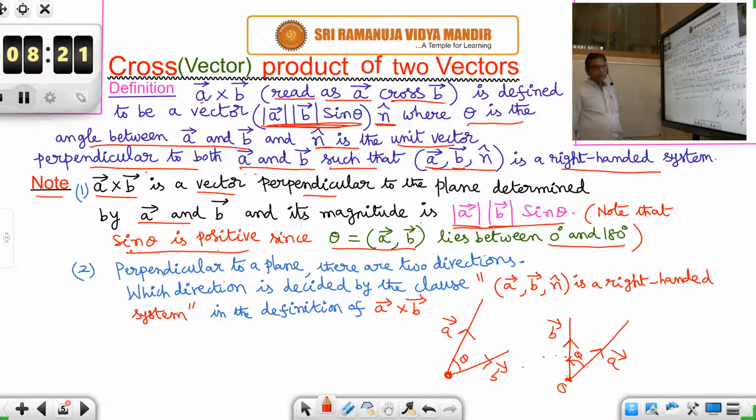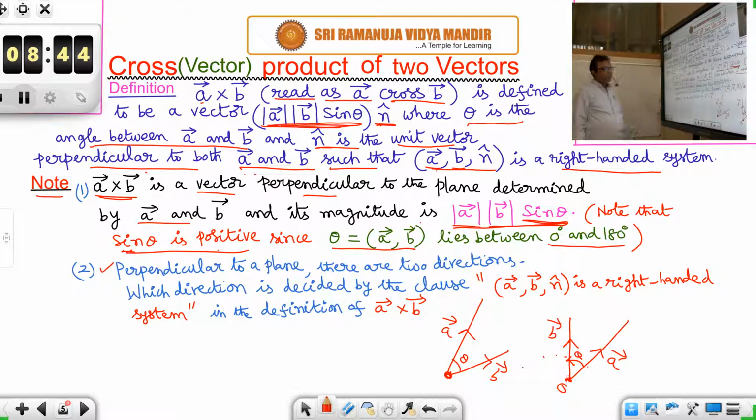If the angle is 180, we call them unlike vectors. So the angle is defined like that. Therefore for 0 to 180, sin theta is always positive, so modulus is not necessary here. So the magnitude of the vector A bar cross B bar is mod A bar mod B bar sin theta, which is always positive.